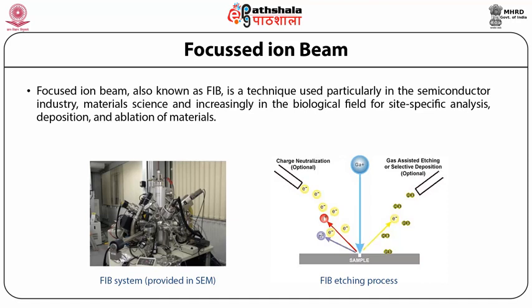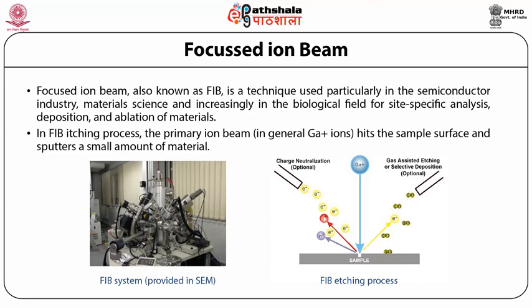Now the left figure shows the FIB system which is provided in SEM, and the right hand side figure shows the FIB etching process. In the FIB etching process, the primary ion beam, in general gallium, that is Ga+ ions, hits the sample surface and sputters a small amount of material.